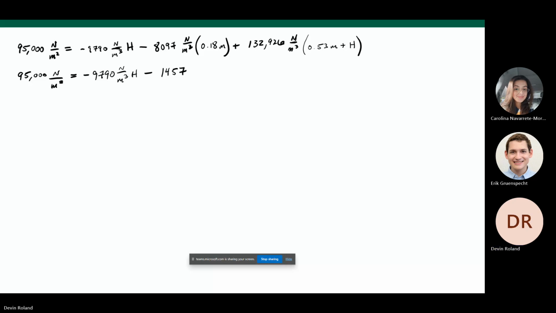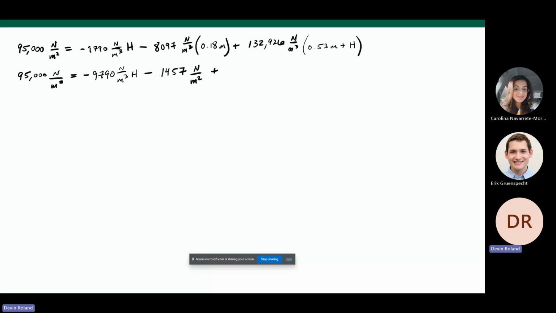And I'm rounding a little bit here just to make it look cleaner, but you don't have to round. So 1457 newtons per meter squared plus, distribute this term, 132,926 times 0.53.